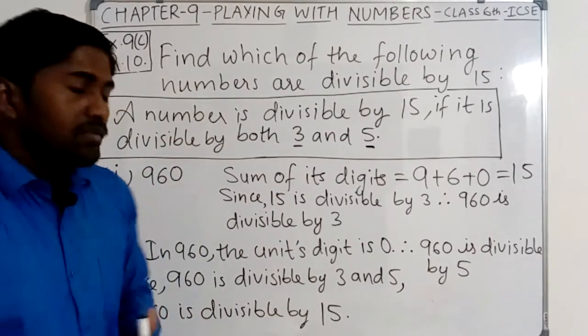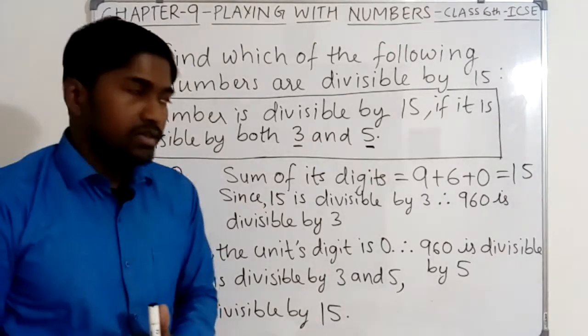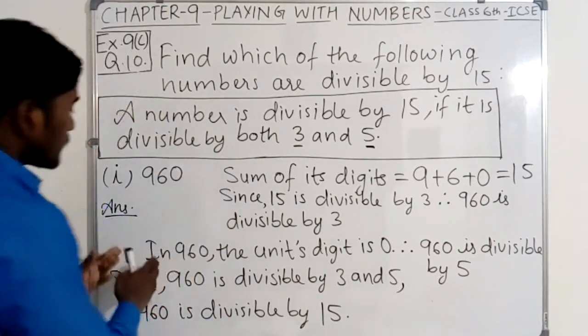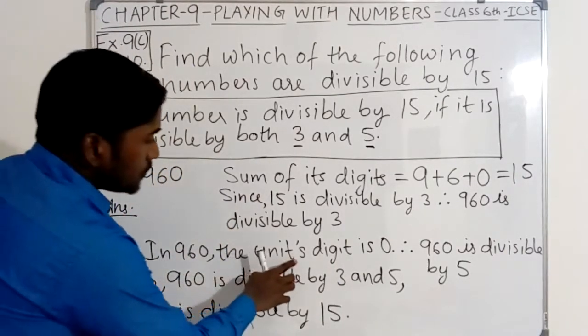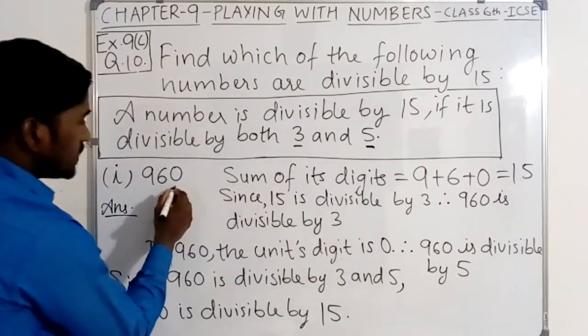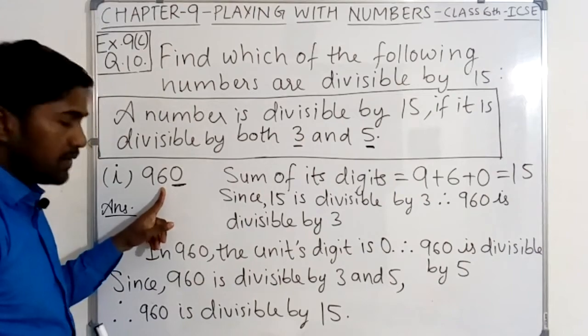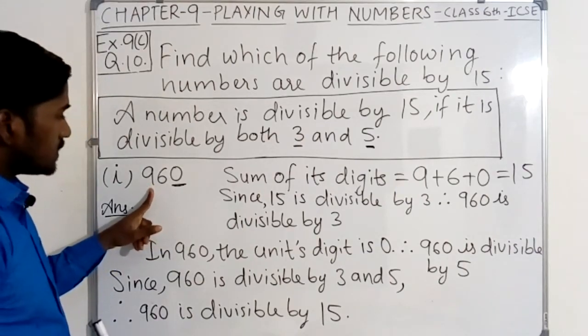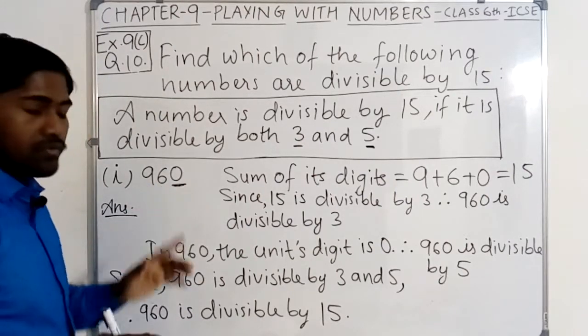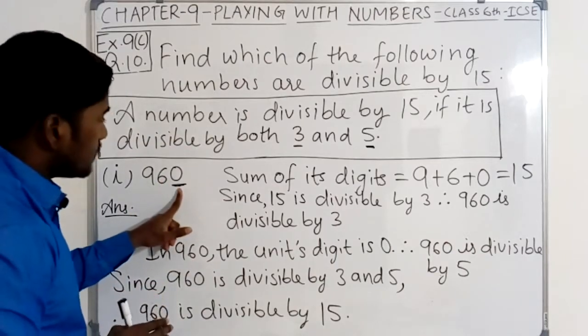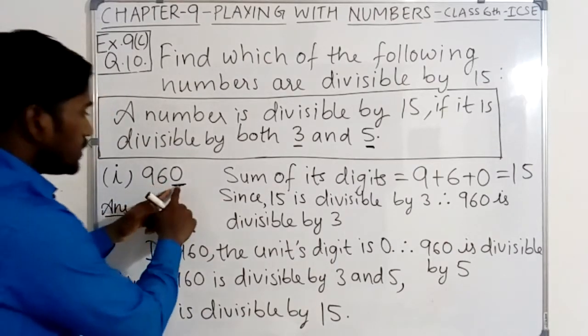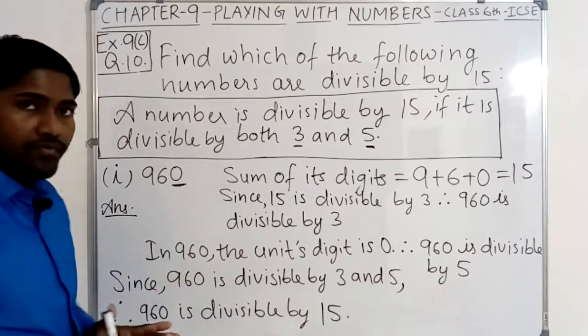Now we have to check whether this number is divisible by 5 or not. So see here, in 960 the unit digit is 0. This is the unit digit, this is the tens place digit, this is the hundreds place digit. So we have to check whether the unit digit is 0 or not. If there is 0, that means this number is divisible by 5.